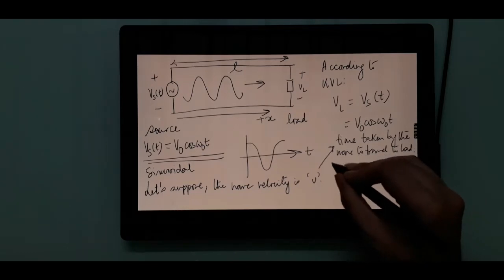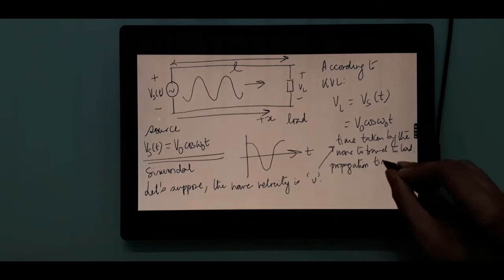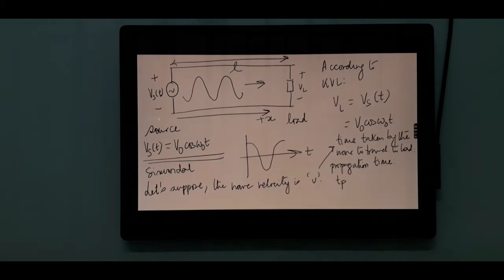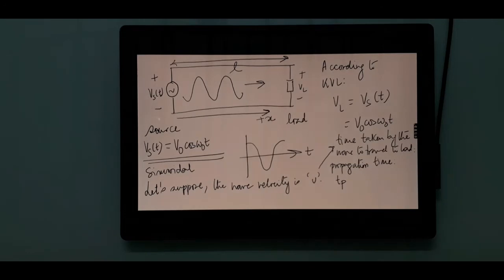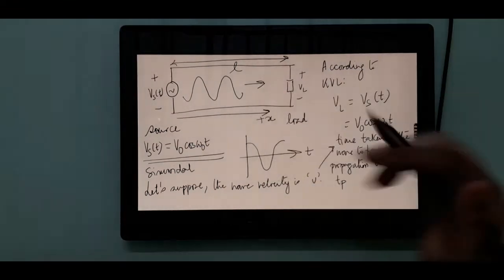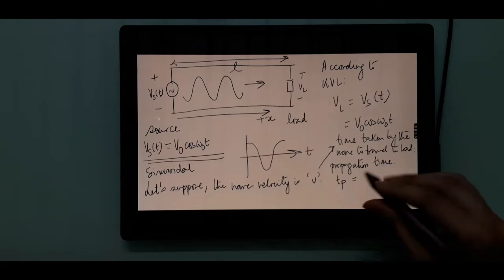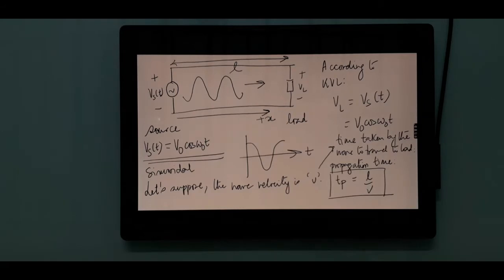Let's call this the propagation time, that is Tp. As you know, the time taken to move from one place to another is nothing but the distance divided by the velocity. So in this case, displacement is the shortest path. So this is nothing but L by V. Is that right? Yes, it is.